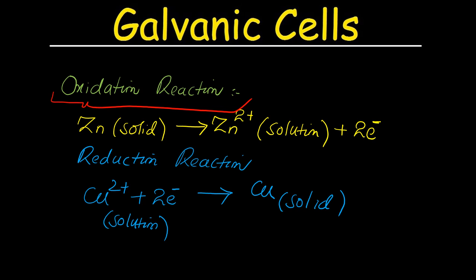So the copper sulfate side of the galvanic cell will do a reduction reaction.